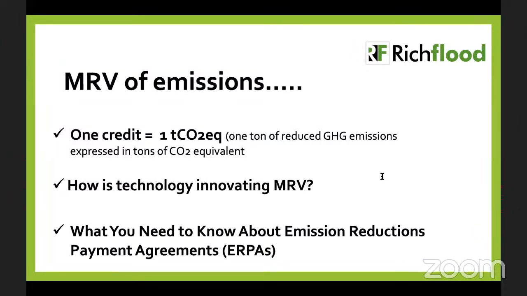Then let me talk a little bit about the agreement, that is the ERPA agreement. It's a legally binding contract that allows one party to deliver verified carbon credits to another party. This contract generally involves a government or business in a developing country selling carbon credits to the World Bank's Trust Fund. Certain conditions may govern the exchange and the activities, and the prices are negotiated before the ERPA is signed.